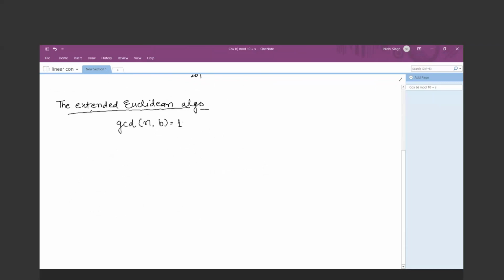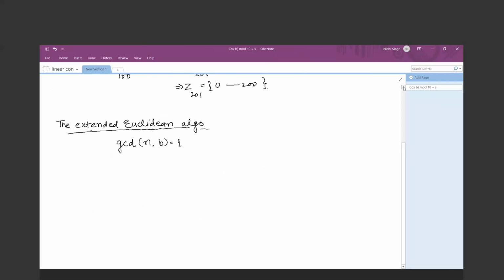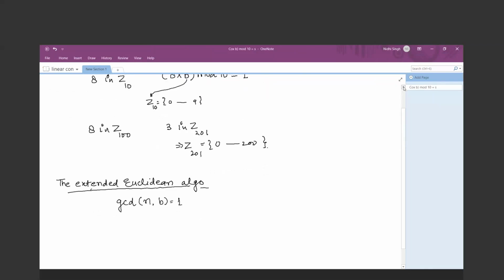What is the value of n? n is nothing but the mod value, here 201, and b is the integer that you have to find from the given range. So the GCD of the modulo number and that number should be 1.